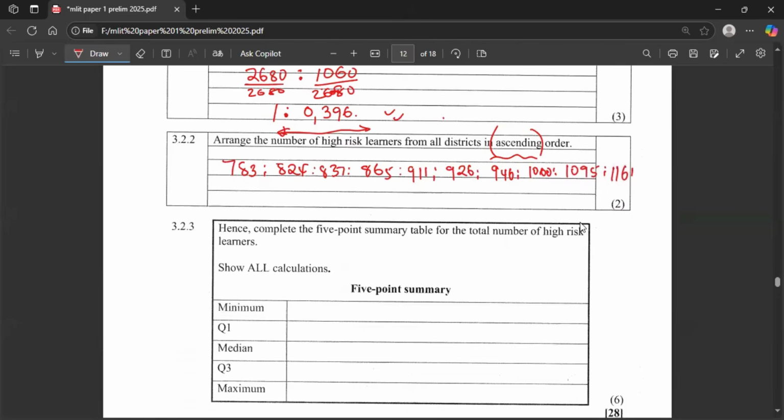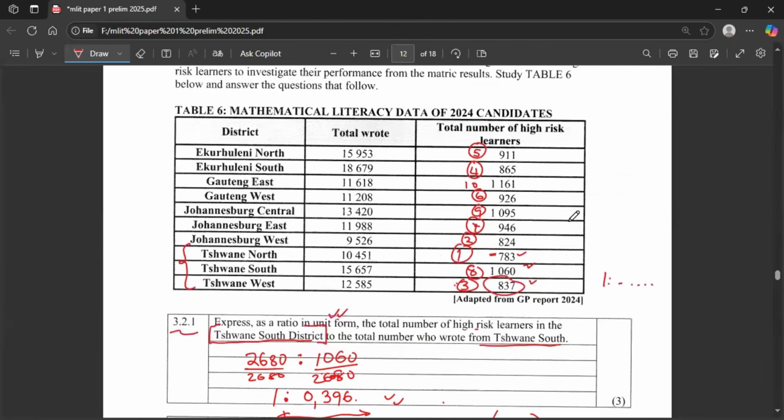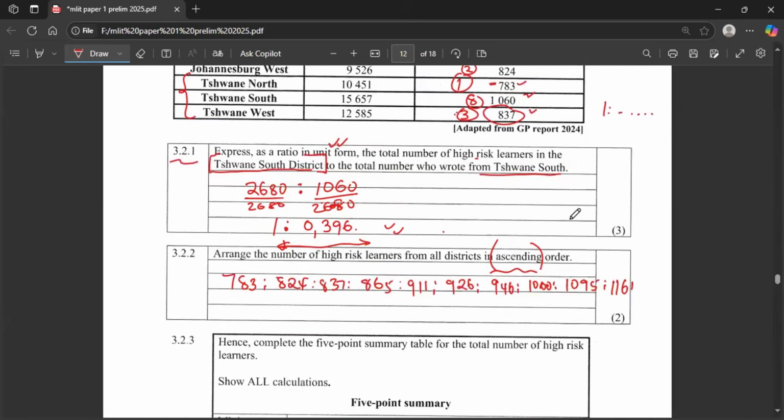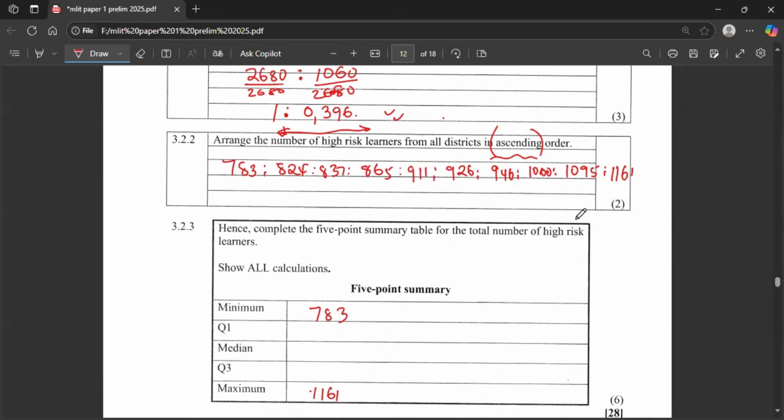Okay, so with the 5-number summary, the minimum is 783, the maximum is 1161 for the high-risk learners. Okay, not the total that wrote. Then we need to get the Q or the median. Since we have 10 numbers, it's going to be 1, 2, 3, 4, 5.